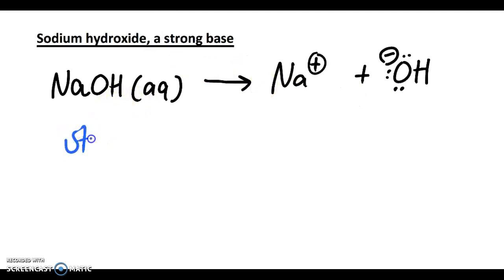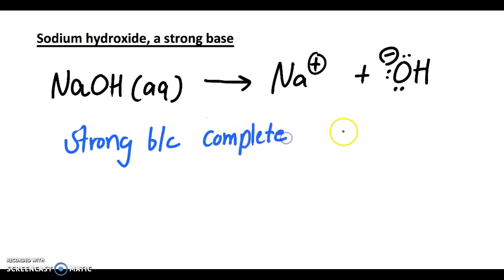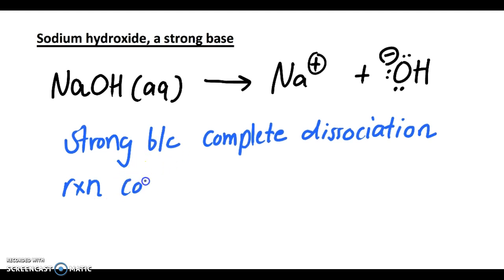And again, we call this a strong base because the dissociation from Na to OH happens completely. Complete or very, very near complete dissociation. Or if this doesn't make any sense to you, you can think of it as the reaction going completely to the right.